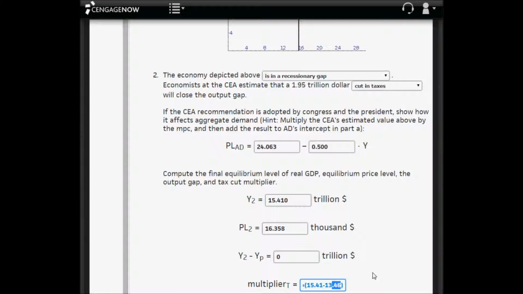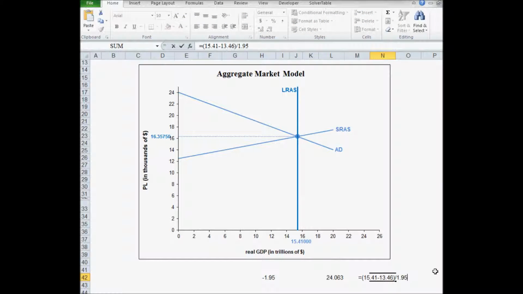This is what GDP was before the tax cut. This is what it is after the tax cut. We're going to divide that by the size of the tax cut. To do the calculation, I'm going to copy this into Excel. And I get 1 to 3 decimal places.